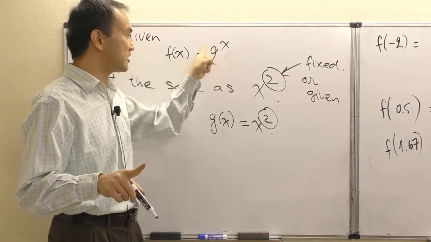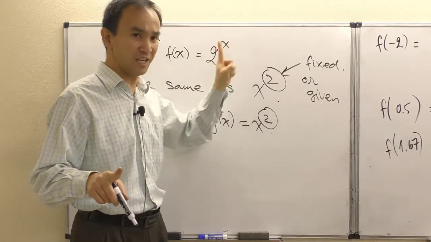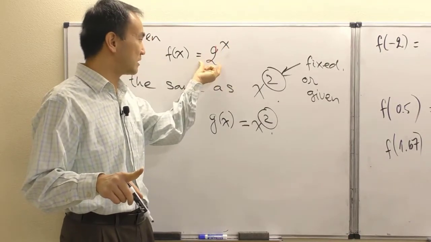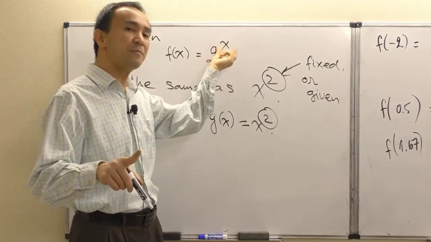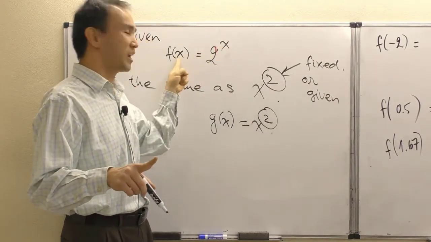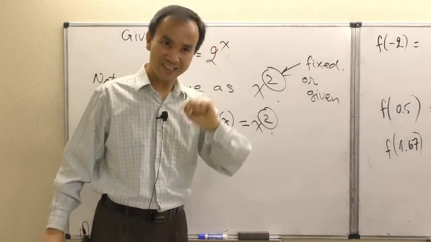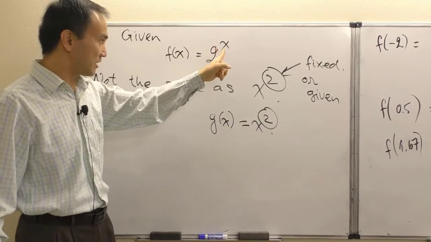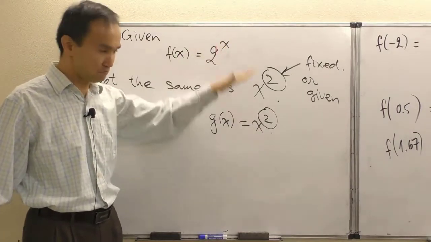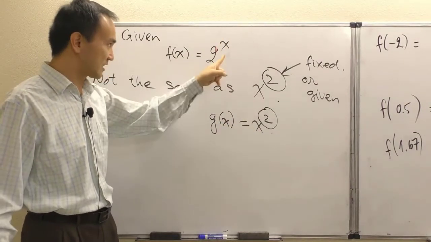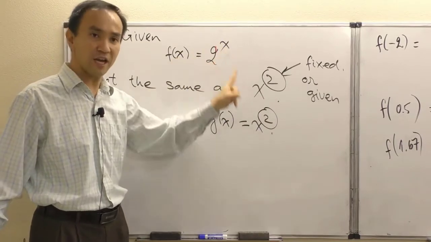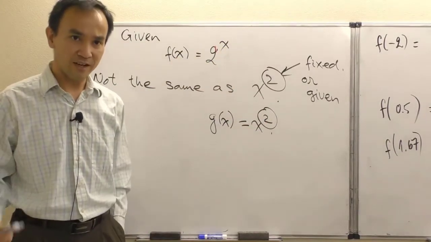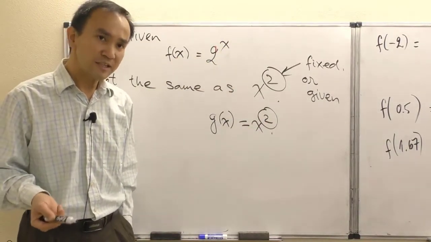We can raise this base to different powers depending on whatever inputs are indicated here. That's the difference right there. These two functions are majorly different in a sense of what role the input is playing.